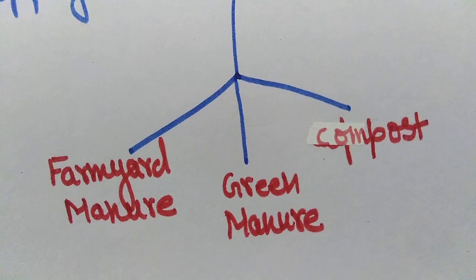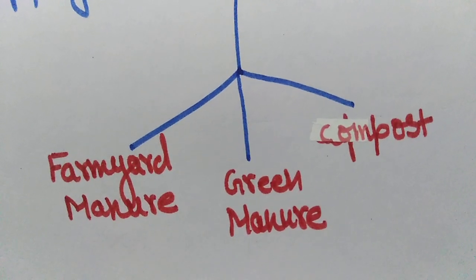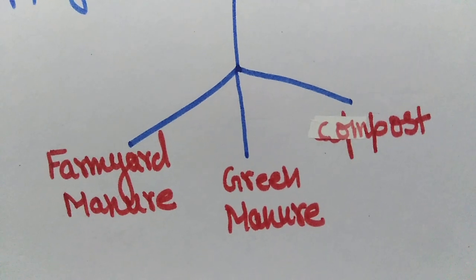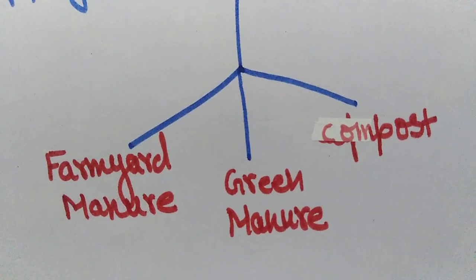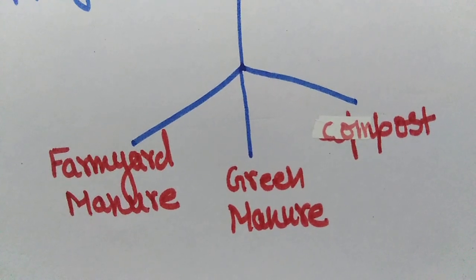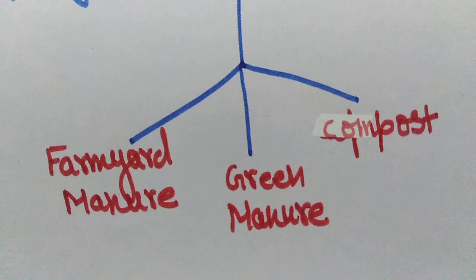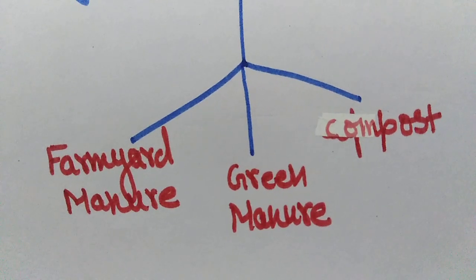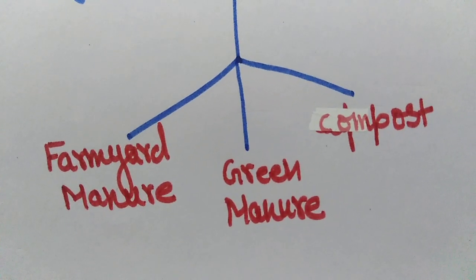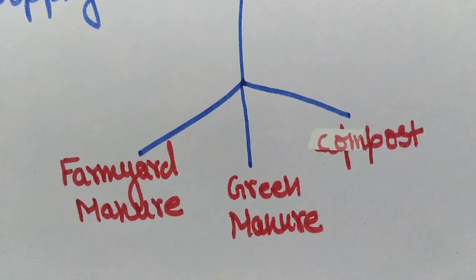After a few months, these materials get decomposed and convert into compost. It is a good source of nutrients for crops. Manure contains inorganic salt, so manure is required in bulk. Manure promotes growth of useful organisms. This helps in making nutrients available to the plants.